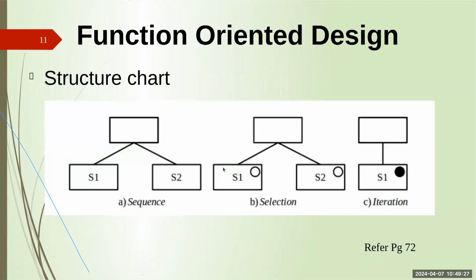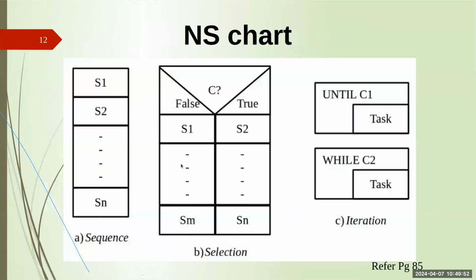This is another method for doing flowcharts: sequence, selection, iteration. We can write a circle with white color as selection. This is iteration. This is sequence. This is an end chart.